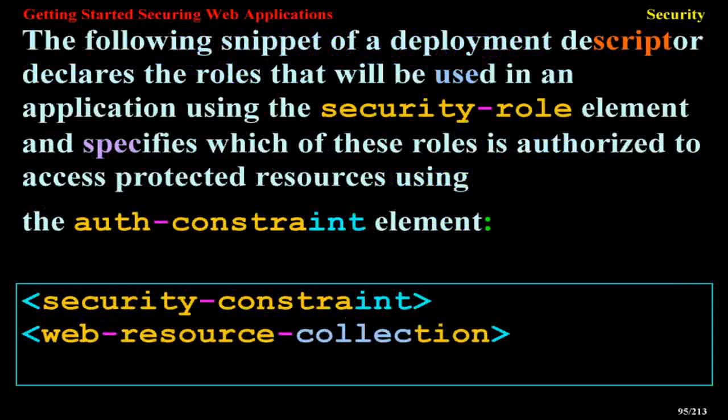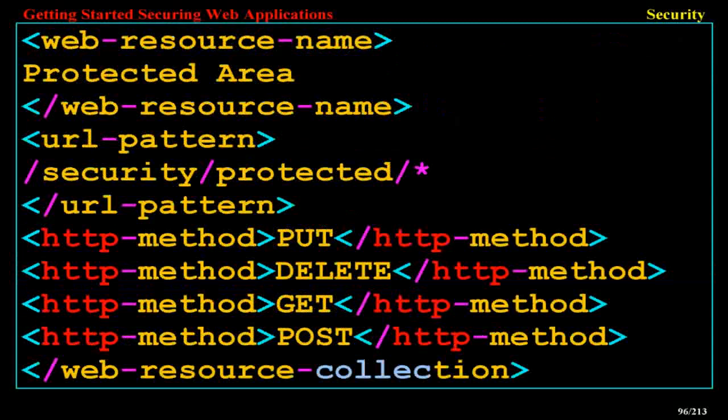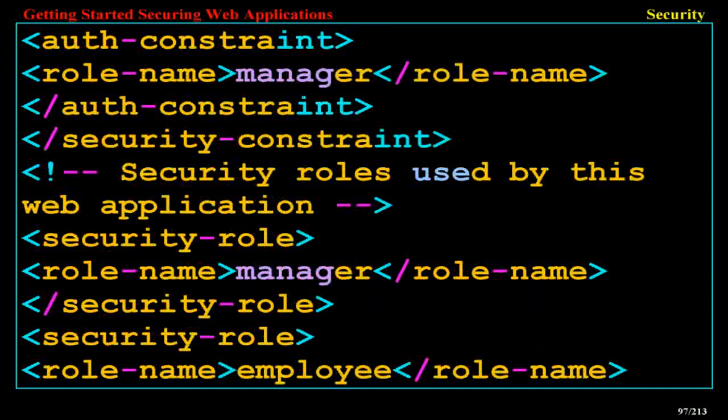security-constraint, web-resource-collection, web-resource-name: protected area, url-pattern: /security/protected/*, http-method: PUT, DELETE, GET, POST. auth-constraint, role-name: manager.